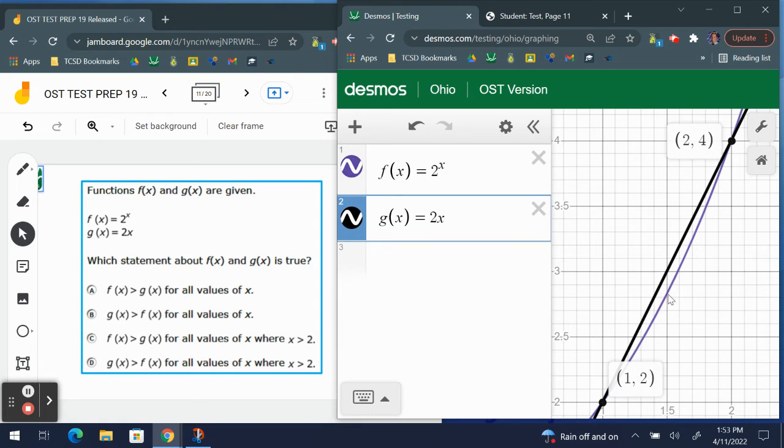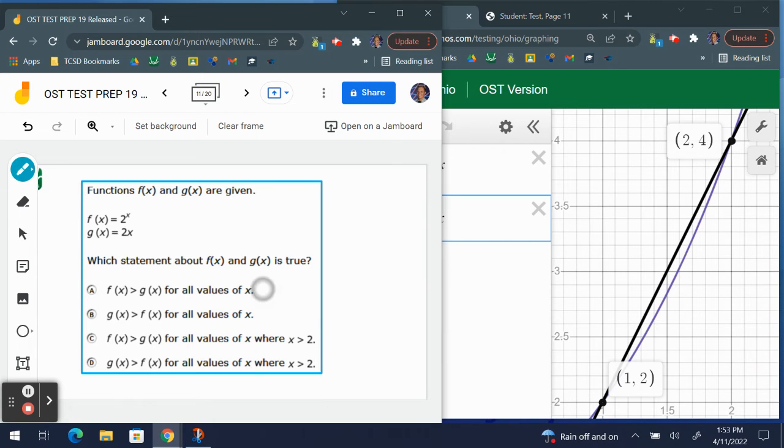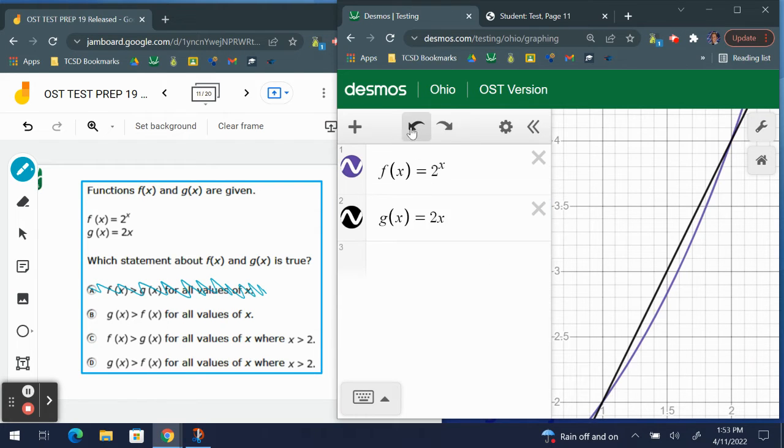So we know that A, by process of elimination, is not true, because you can actually see g of x overtake the purple f of x between these 2 points of intersection.